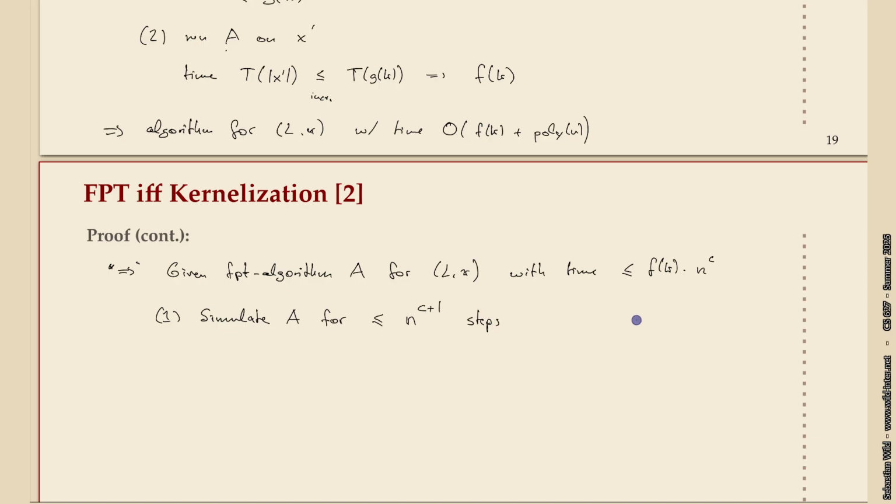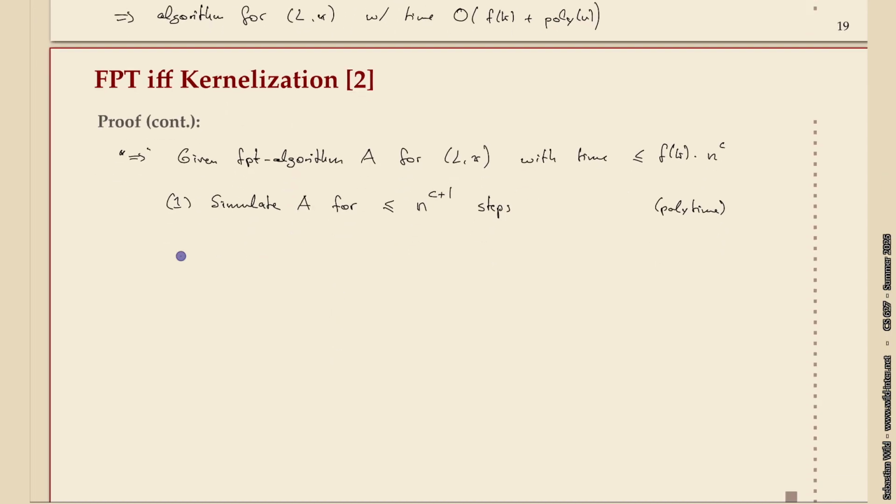Okay, so far that's a polynomial time because it's bounded by a polynomial. And now there are two options. If A terminates within that time, then it has produced an output.